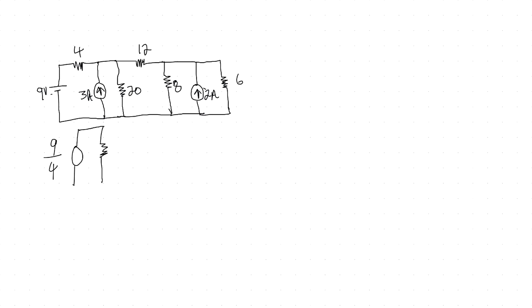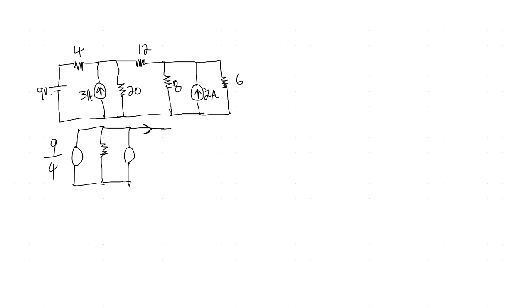Our current source over there. Then we put an arrow for the load. We put an arrow to show that there's a load there. And then 8 ohm.